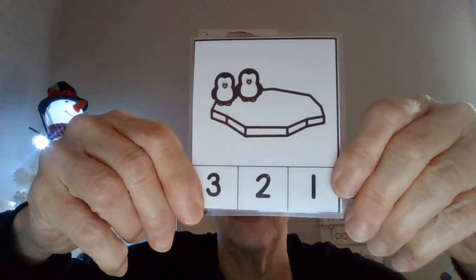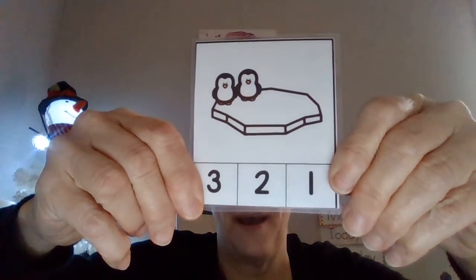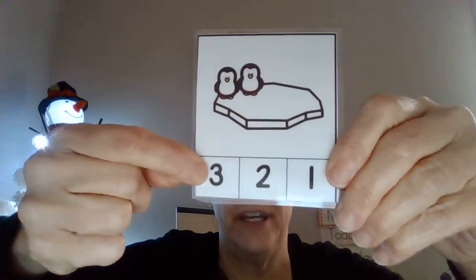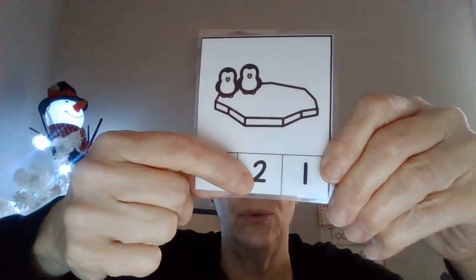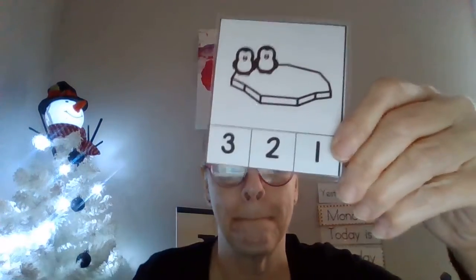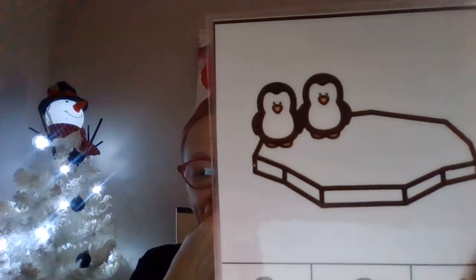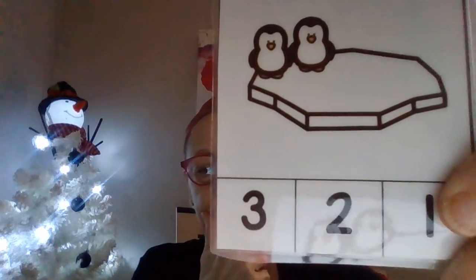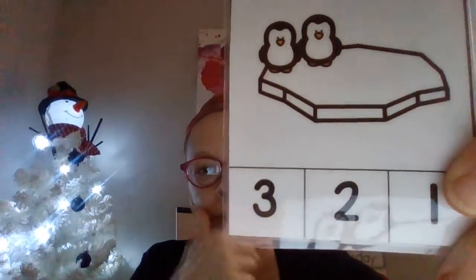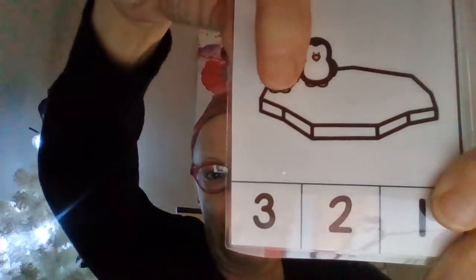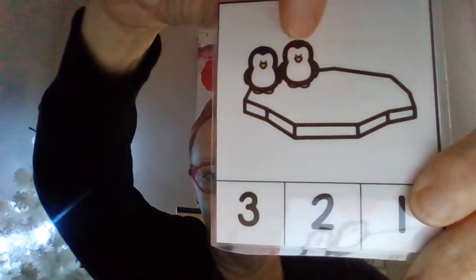This one's easy, so you should get this with no problem. How many penguins on that ice? Are there 3? Are there 2? Or is there 1? Count them in your head or clap them or whatever. I'll show it to you again so you can use the picture. I want to know if it's 3, 2, or 1. 1.